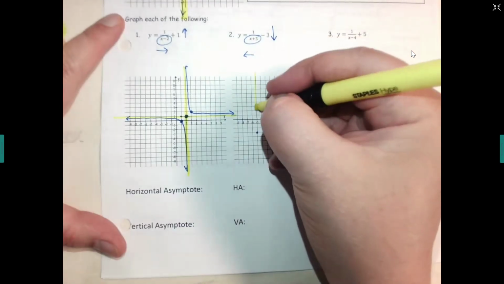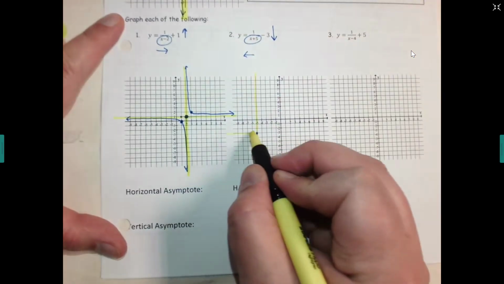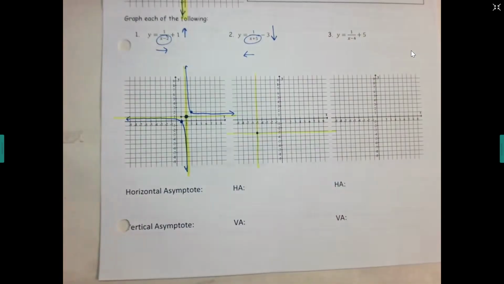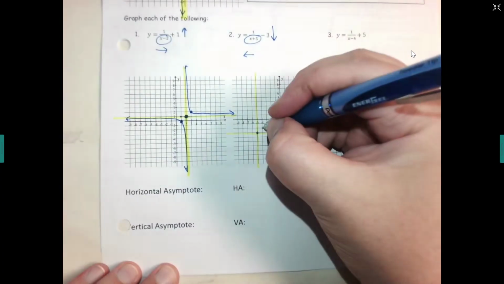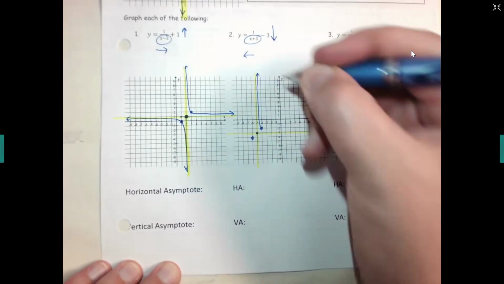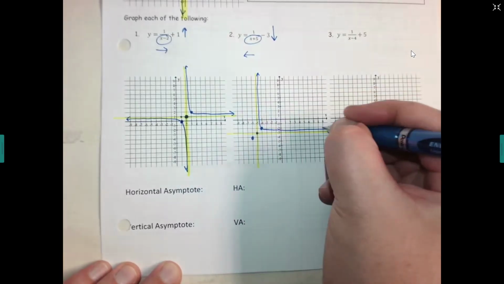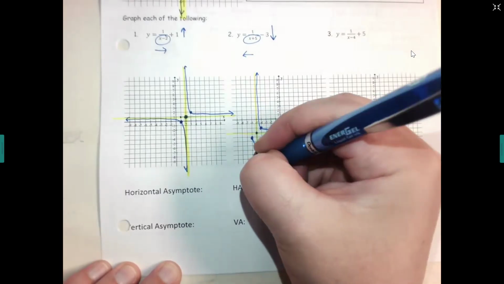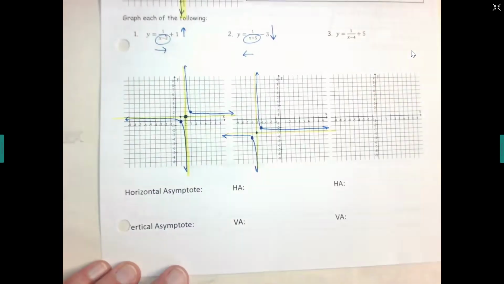So it'd be here and here. Then remember, you want to hit your corners, and then you're going to draw your line in, getting really close to those sides, but not touching. So here and here, close up, close out, close down, close out.